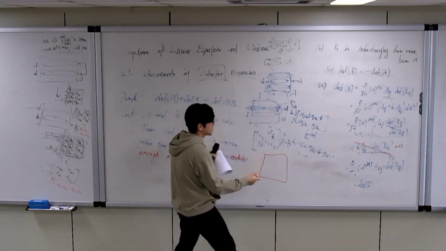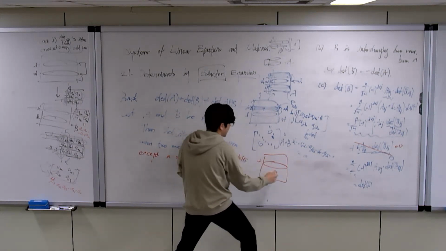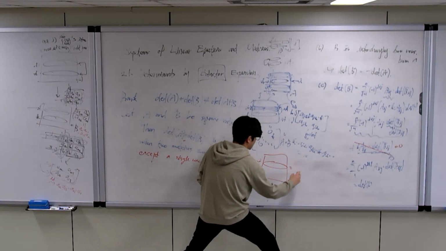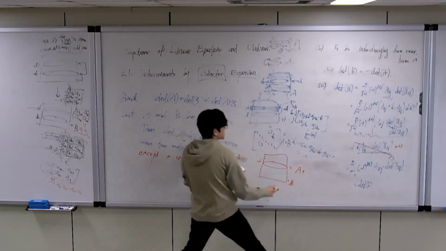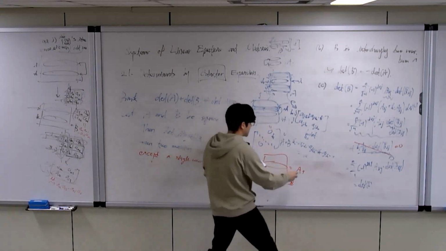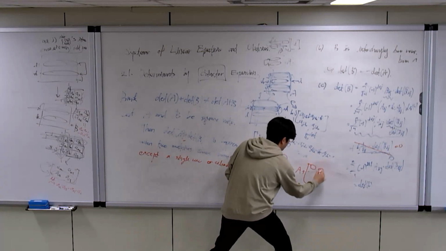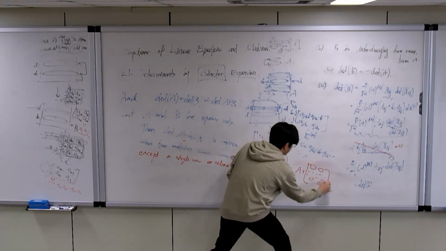If the matrices share the same entries except one line, then it will be written like this. It is a matrix, summation of A and the ith row.